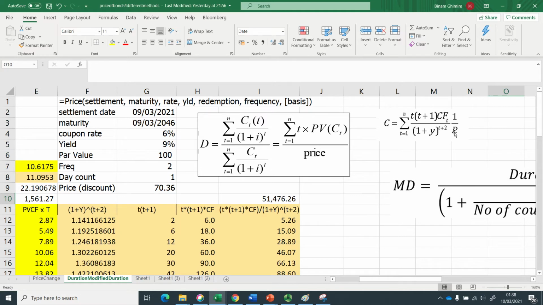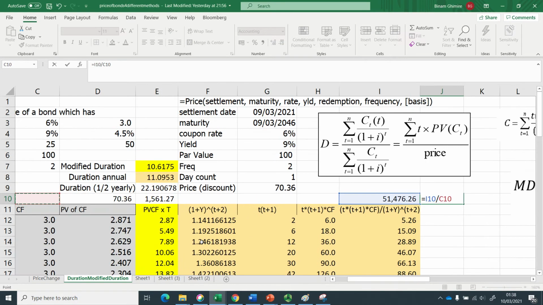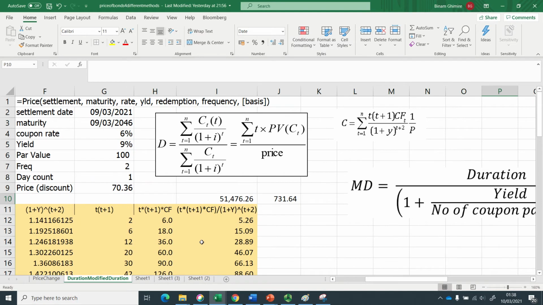As you can see, P is underneath here in the formula. So this is therefore divided by the price, which we know is 70.36. I have divided it, and I'm getting 731.64. So this is my convexity.